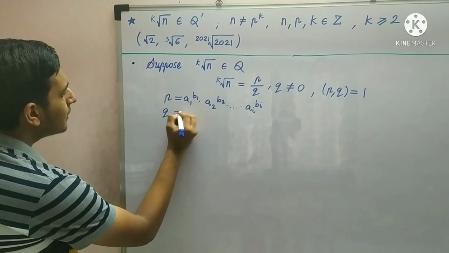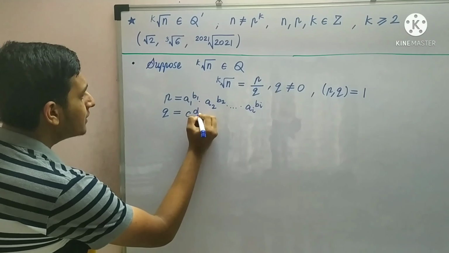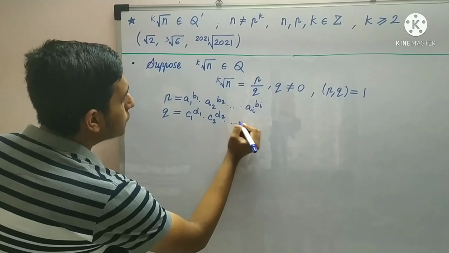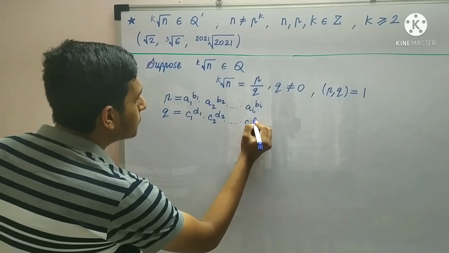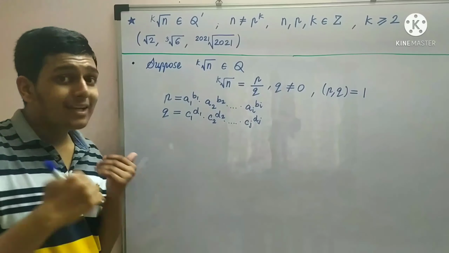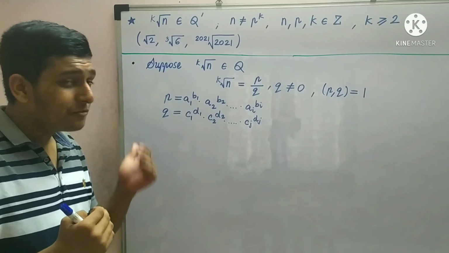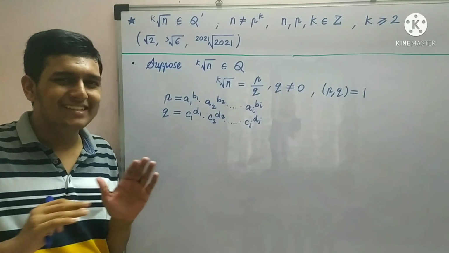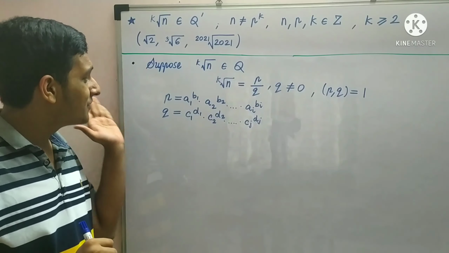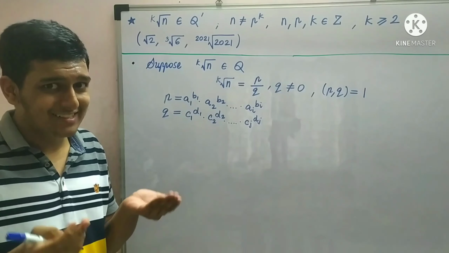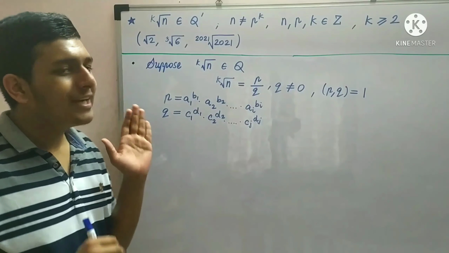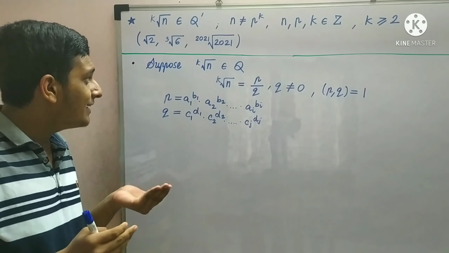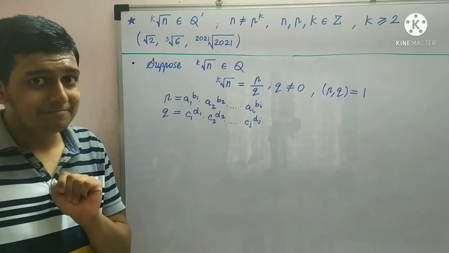Similarly, we can equate q to c1 raised to d1 into c2 raised to d2, so on and so forth till we reach some cj raised to dj, where ai's and cj's are the prime factors of p and q respectively, and bi's and dj's are the exponents to which each of the prime factors is raised. Because p and q are co-prime integers, they do not share any common factor other than 1.